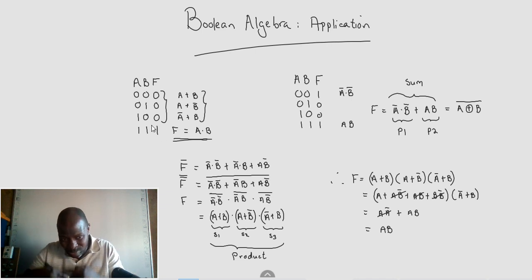Sorry, I sort of spoke out of turn there. If you are asked for sum of products, sometimes called sum of min terms, you are going to use where your outputs are ones, where your outputs are high. And then the product of sums, sometimes called product of max terms, you're going to look at your outputs where they are zeros.